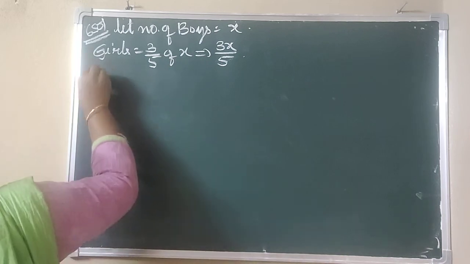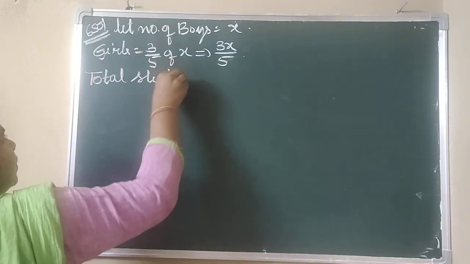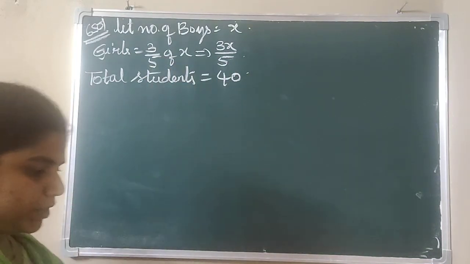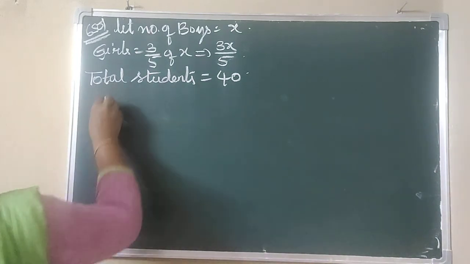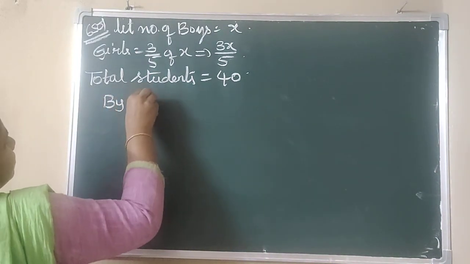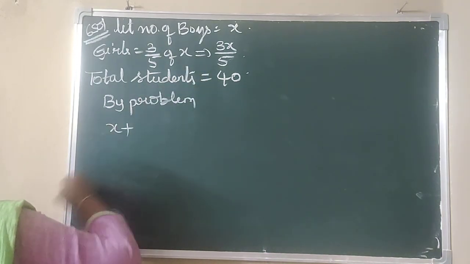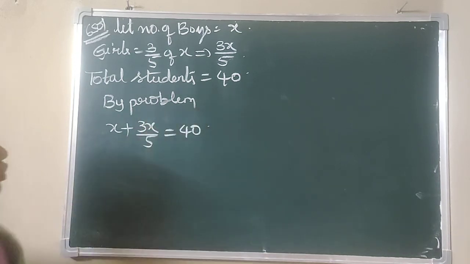And how many students are there in total? Total students is equal to 40. That means if you add the boys and girls, the total strength will be 40. So by the problem, number of boys plus number of girls will be equal to 40.